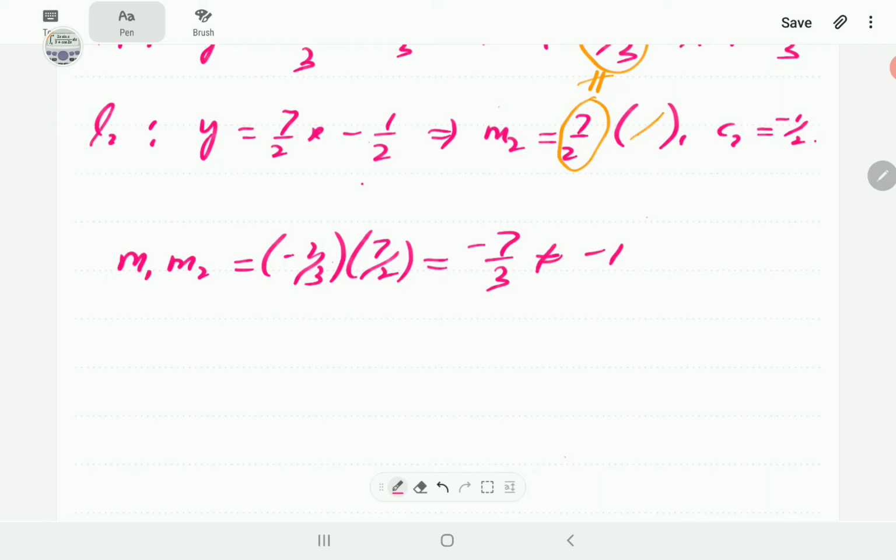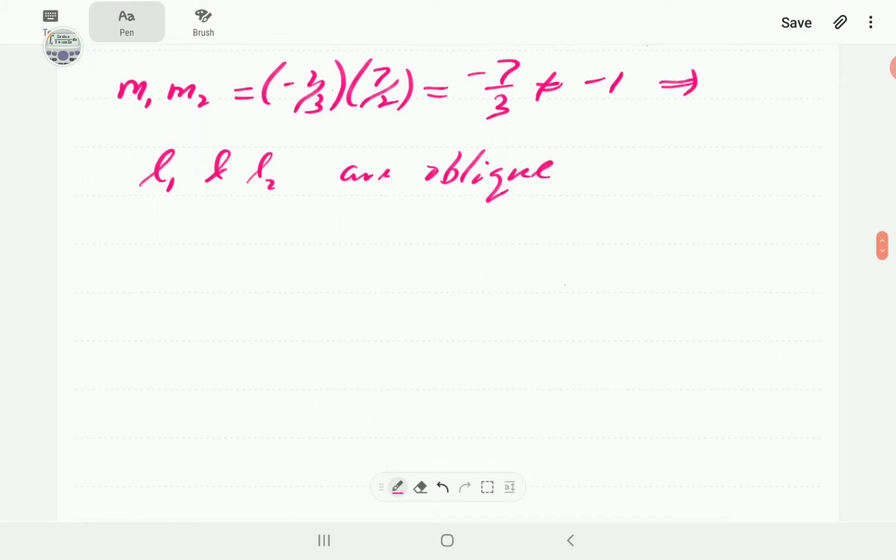This is not equal to -1. So this tells us that L1 and L2 are oblique. So there's going to be a point of intersection, and there's going to be an angle of intersection which is different from 90 degrees. This time we're going to first work out the angle of intersection.